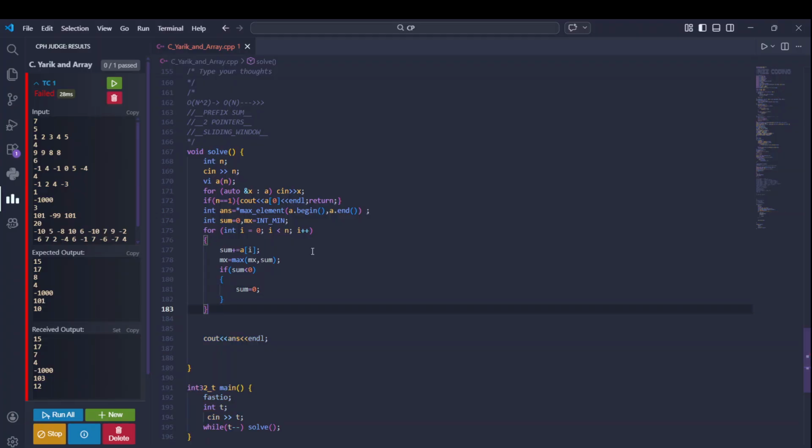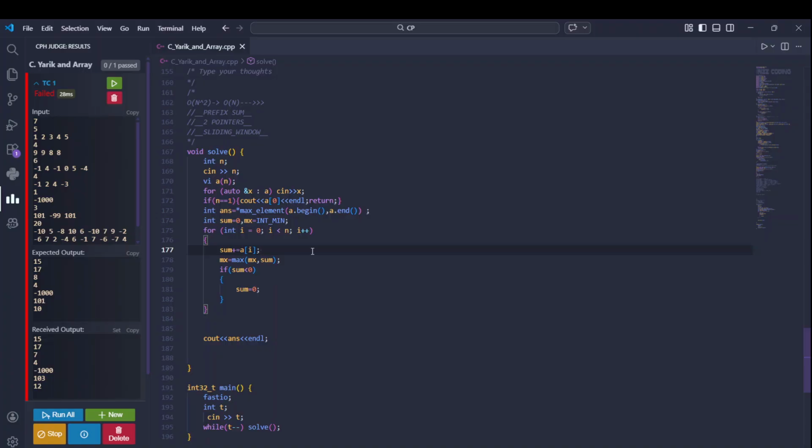This is Kadane's algorithm obviously, but I want the answer. But there is one catch, which is the parity thing, right? So how to handle the parity one? Till now the answer is my mx. So I have to include the parity thing.